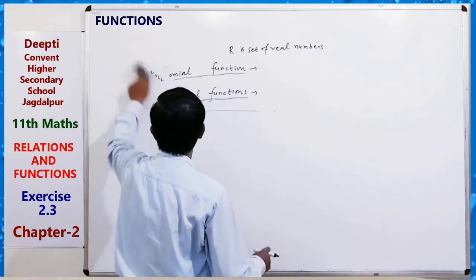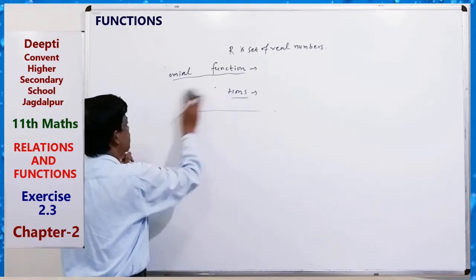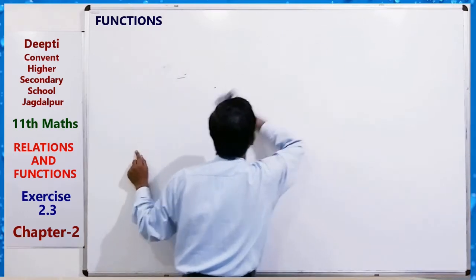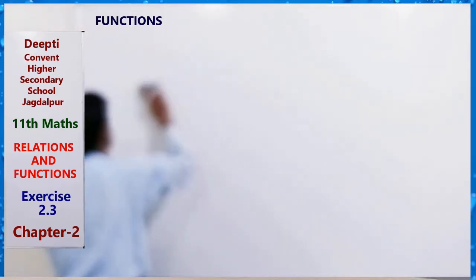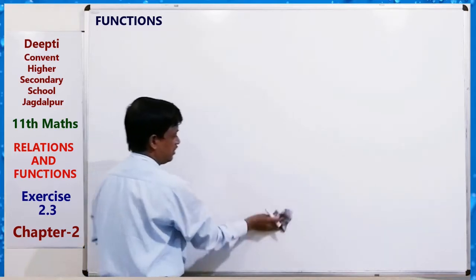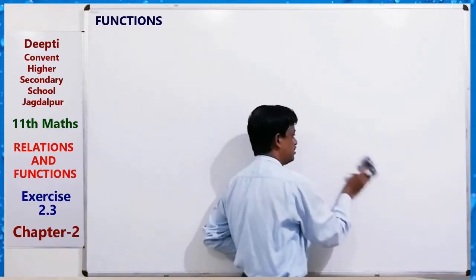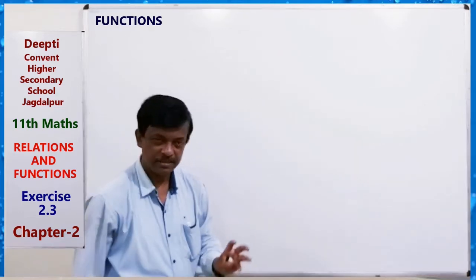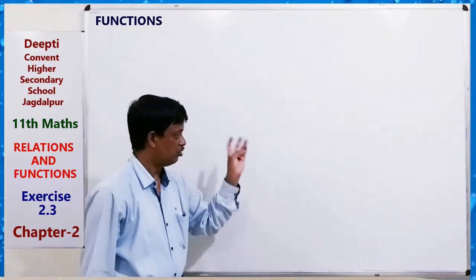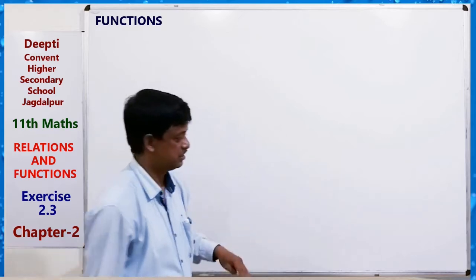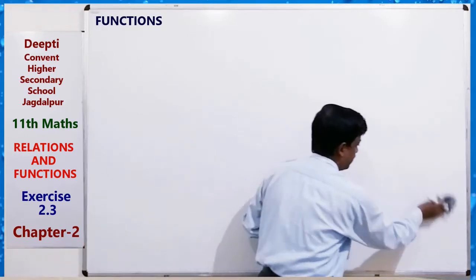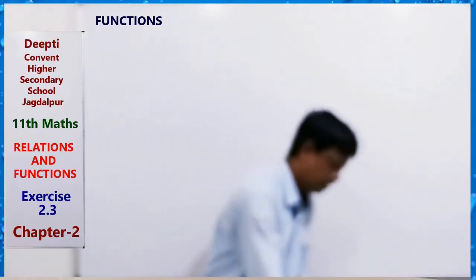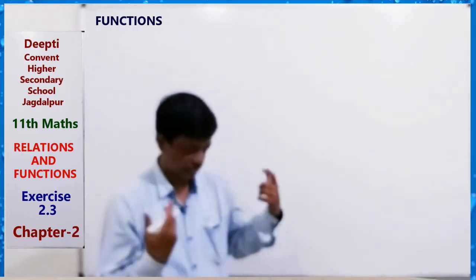Now we will solve exercise 2.3 in this class. We have just discussed the identity function, constant function, polynomial function, and rational functions. Some functions in 2.3 are important and remaining.